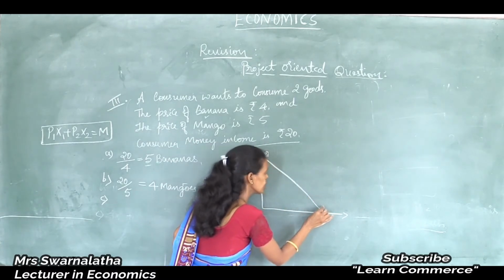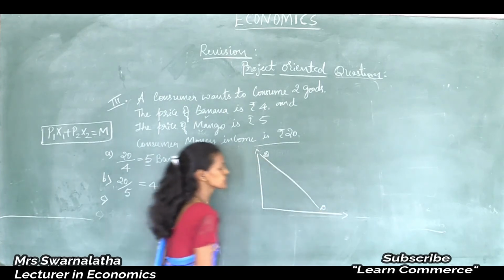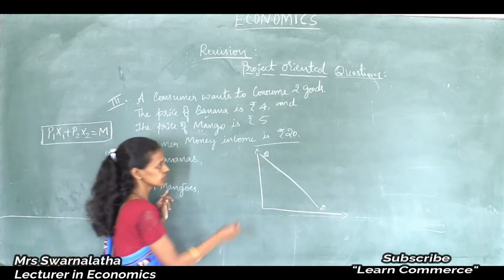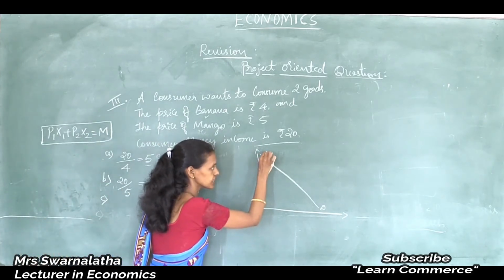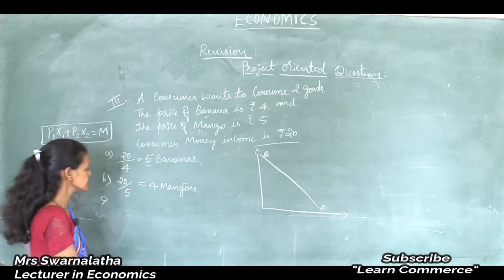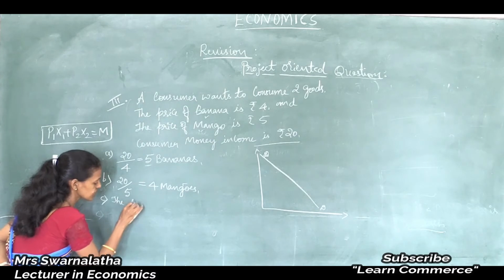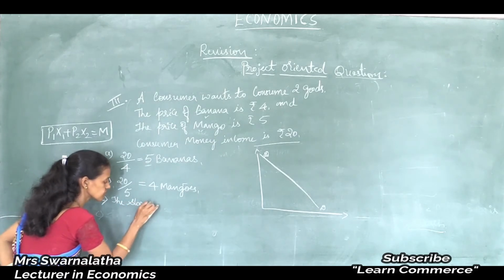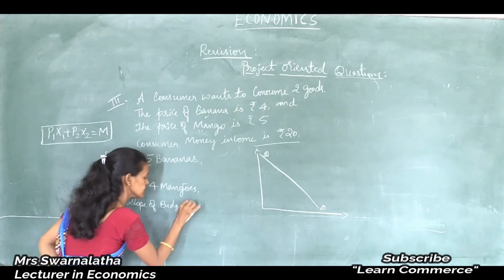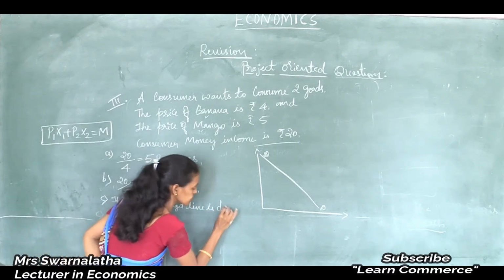It is because of substitution effect, income effect, and the law of diminishing marginal utility. Thus, the slope of budget line is downward.